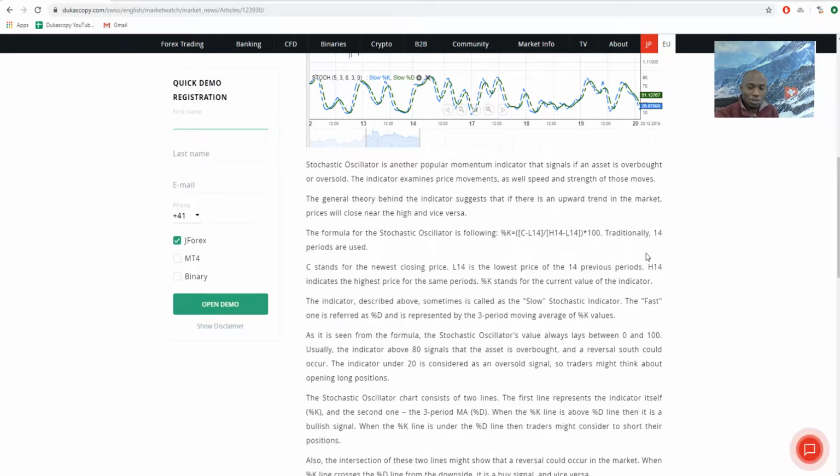That's the traditional formula, and the traditional period is usually 14 days. That is why you see 14. So this is the formula for the stochastic indicator, but you can easily know the values of stochastic indicators and why you use them. It's very simple.